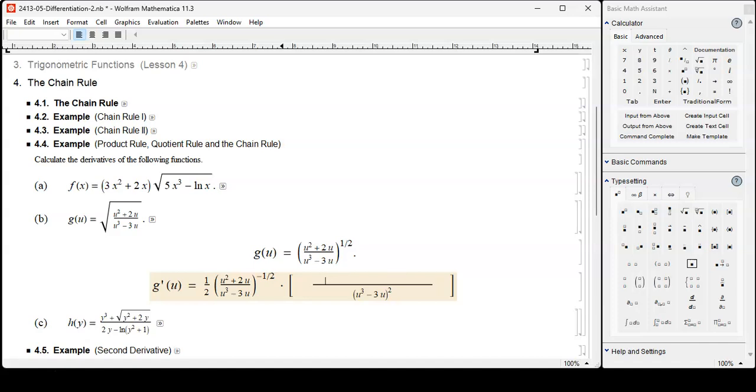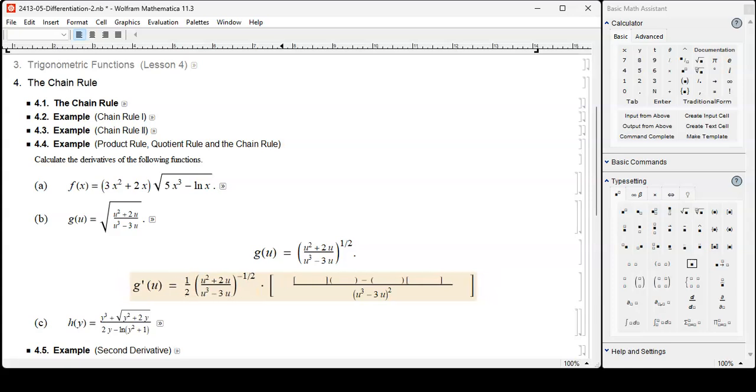So what goes to the numerator? The structure is u prime, the derivative, and then v, copying down, minus u, and then v prime. By the way, I shouldn't be using uv here.